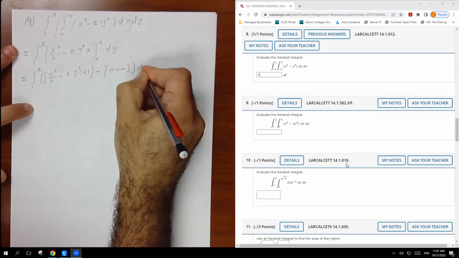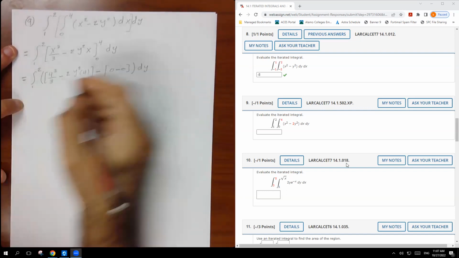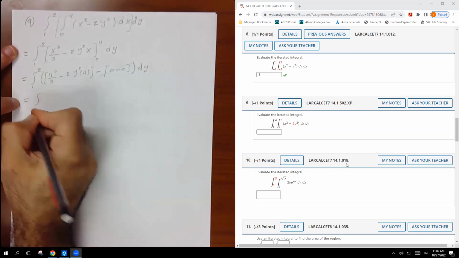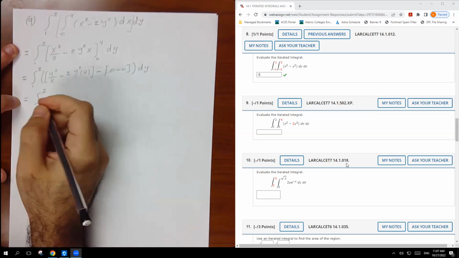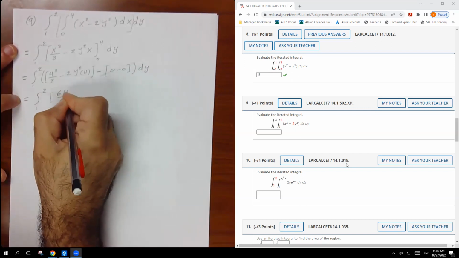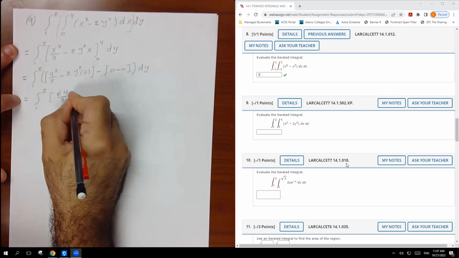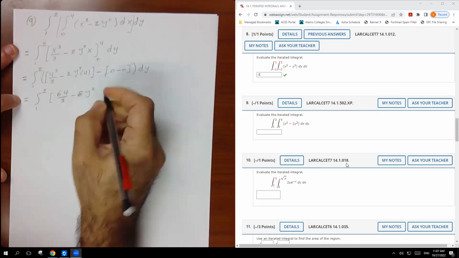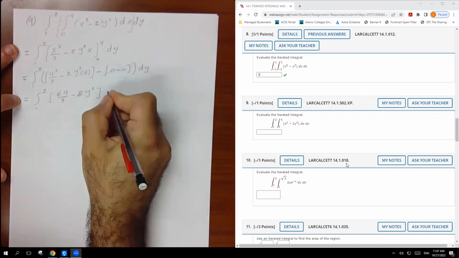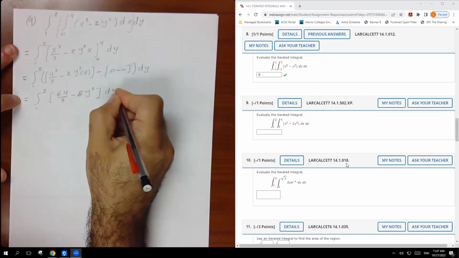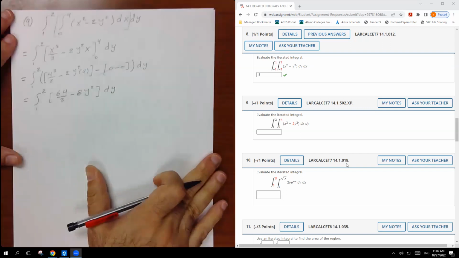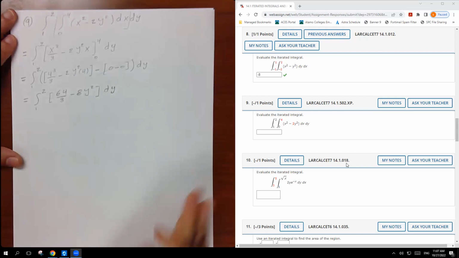And everything here is dy. And this is cancelled. That means it's the same thing, the integral from 1 to 2 for 64 over 3 minus 8y squared, since 4 cubed is 64, dy. Let's check how we're going to keep going.